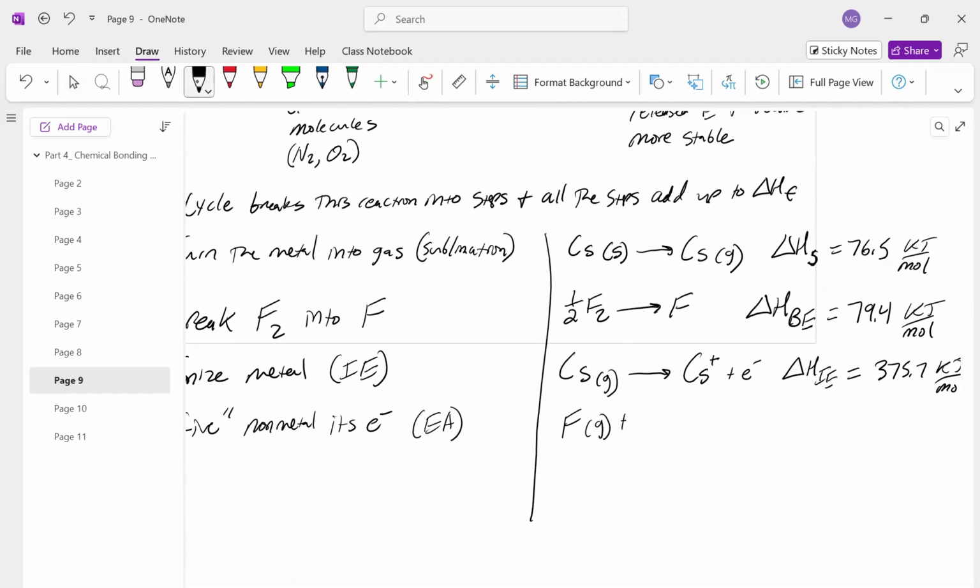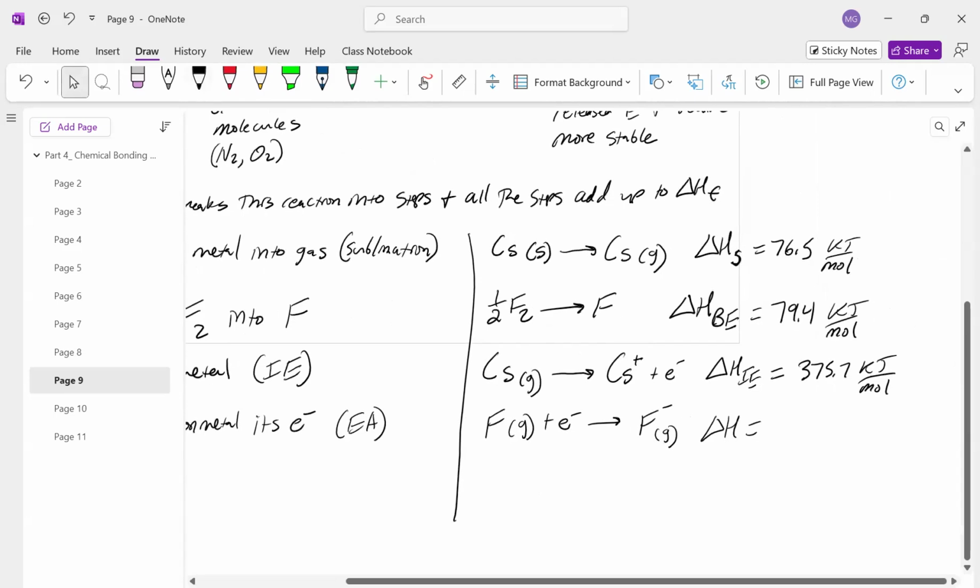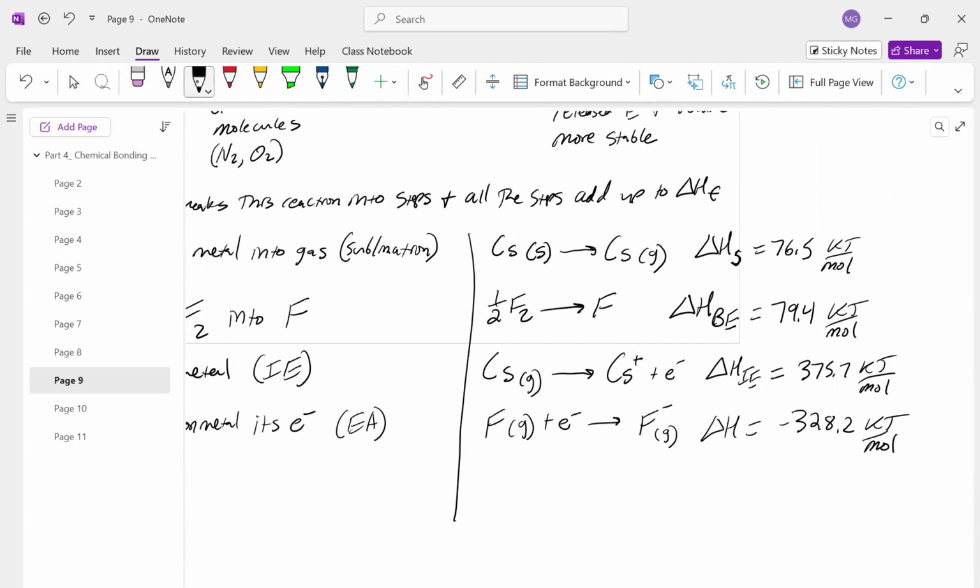So fluorine, we're going to give an electron to and make it F minus, an anion. Now that actually is a negative number, because fluorine just really, really wants that electron. So that releases energy.